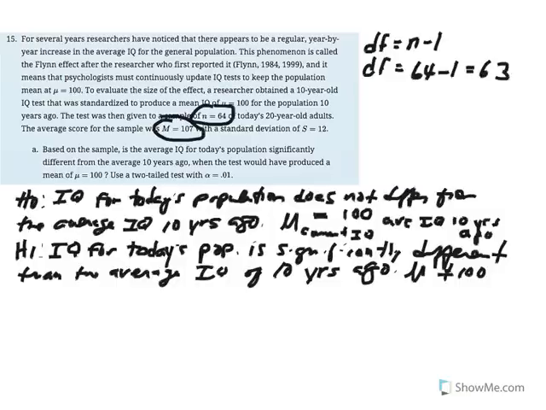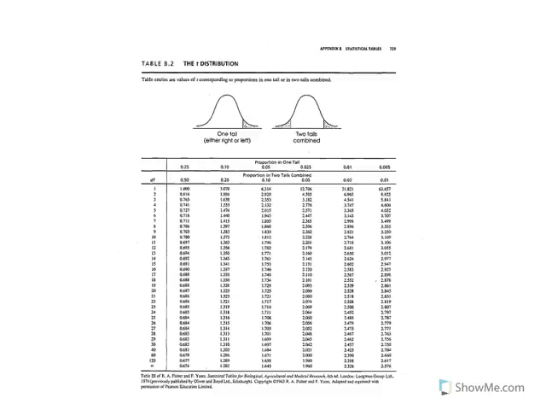Using this information, a two-tailed test at alpha of 0.01, we're going to identify our critical t-value using our t-table. In our degrees of freedom column, we're going to enter 63.